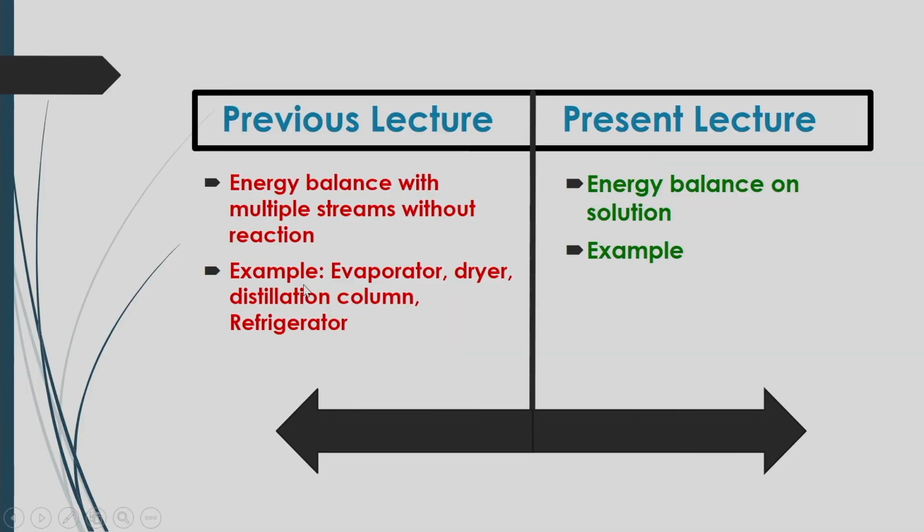We have covered energy balance with multiple streams without reaction, energy balance also with the different streams in specific chemical engineering operations like evaporator, dryer, distillation column, and also refrigeration processes.